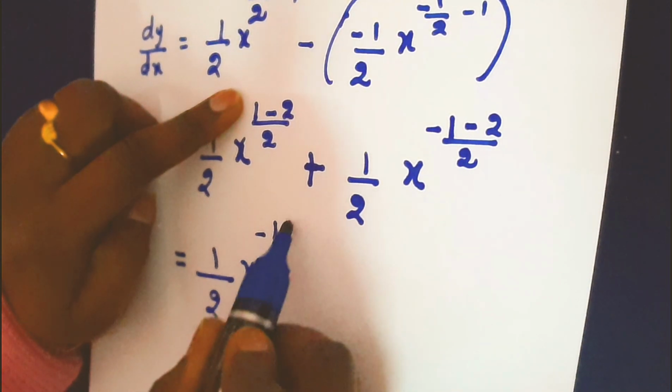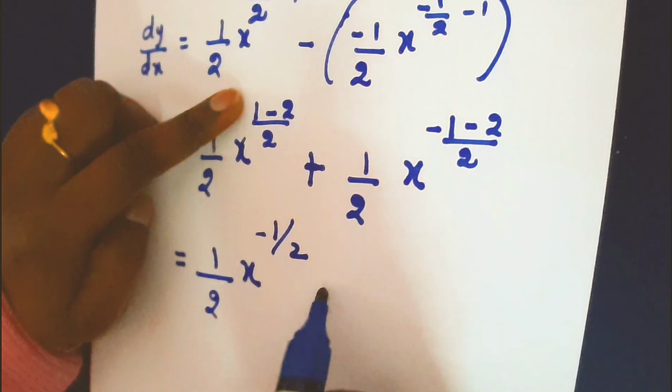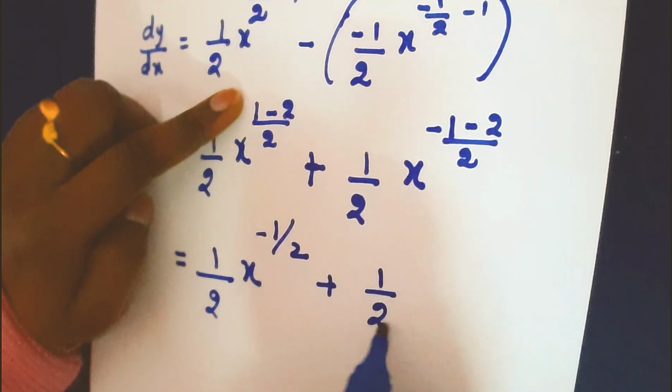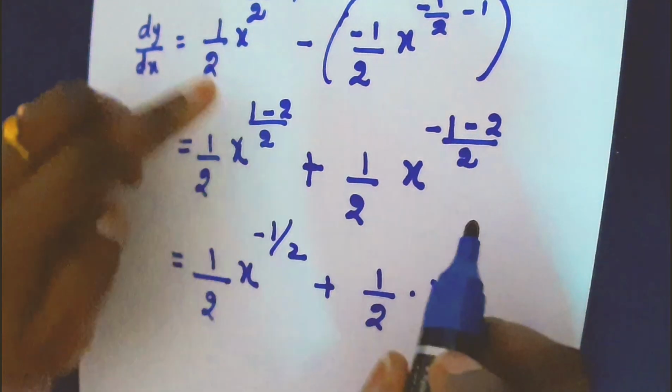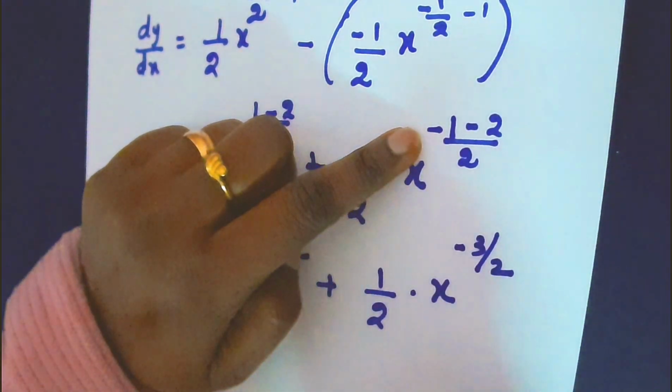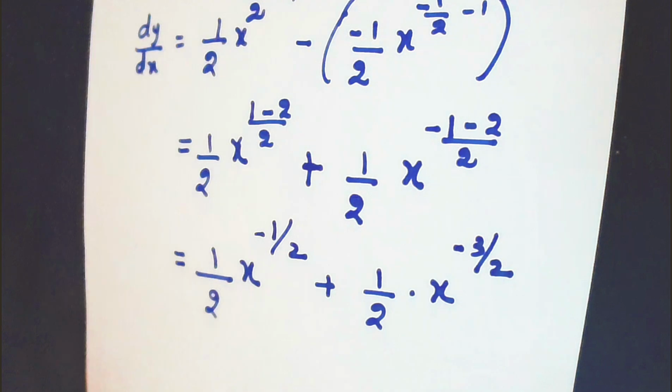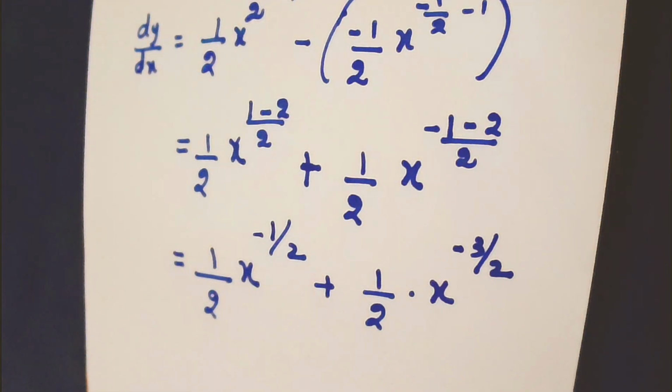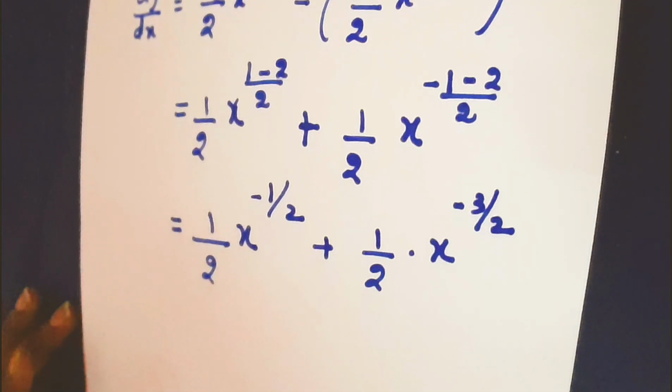Negative 1 divided by 2, plus half into x to the power, minus 1 minus 2 is minus 3 by 2. Here negative and negative you can add up, but the sign will not change.